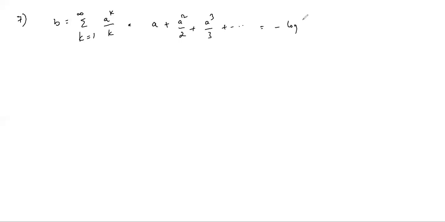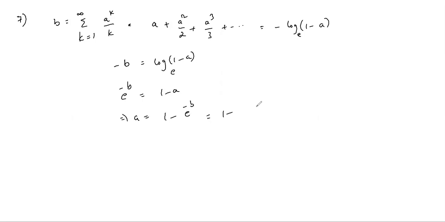Minus log 1 minus x, where x is a: x plus x square by 2 plus x cube by 3 and so on, base e. So minus b equals log of 1 minus a base e. E power minus b equals 1 minus a. Logarithmic form to exponential form. So a equals 1 minus e power minus b.